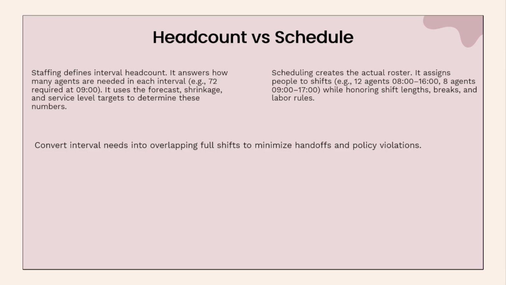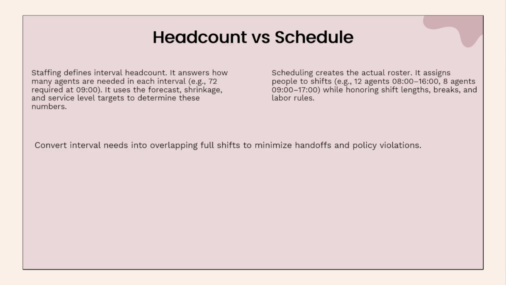Okay, scheduling creates the actual roster, and it assigns people to shifts. Means we are assigning 12 agents at 8 p.m. and 8 agents at 9 p.m., while honoring shift length, breaks and labor laws.